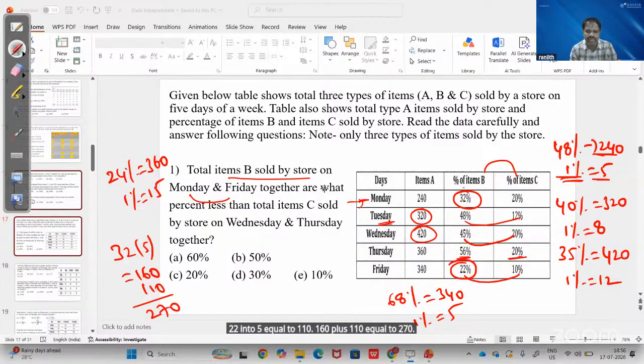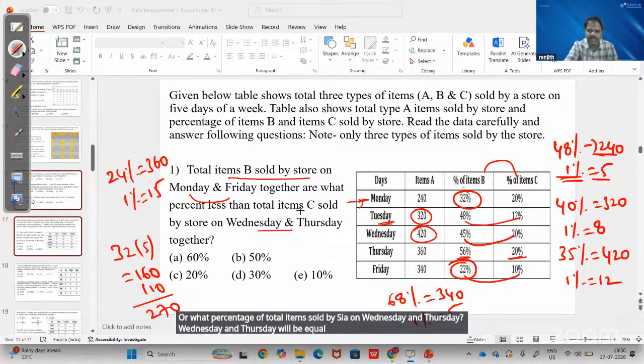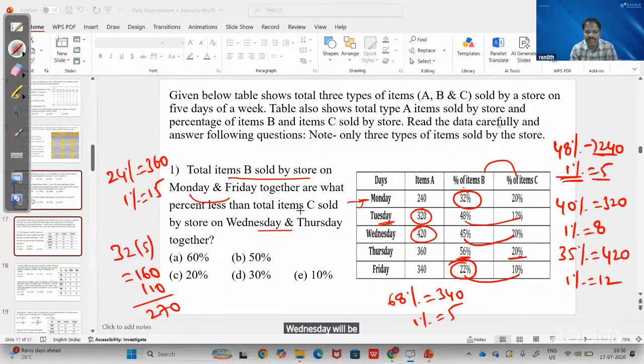The next question: what percentage of the total items sold by C on Wednesday and Thursday? Wednesday equals 420, where 1% is 12.